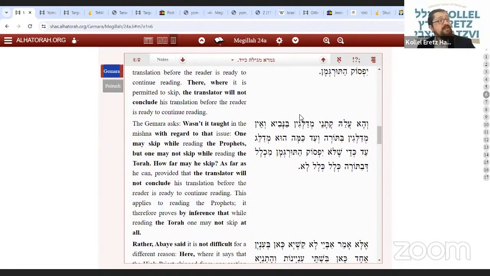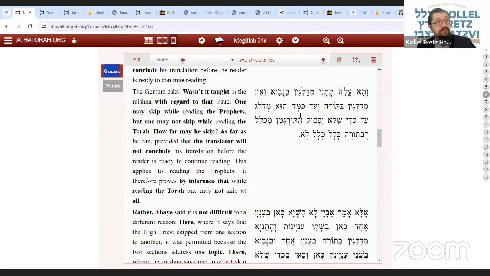But one of the main things is that you're allowed to skip around when you read the haftorah. You don't have to only have consecutive readings, and like many minhagim, you add on at different times, different parshios, different amounts.